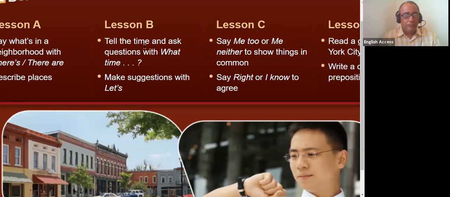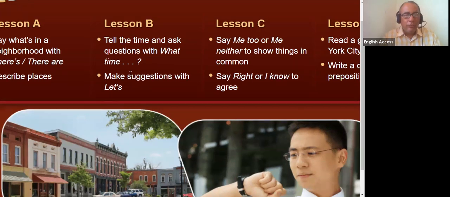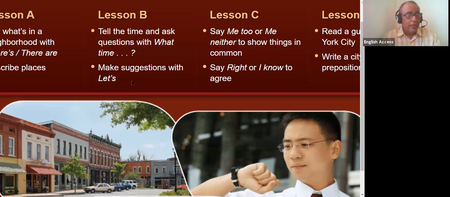In lesson B, we are going to learn how to tell the time and make questions about time. What time is it? What time is maybe an activity? And we are also going to learn how to make suggestions with this word, let's. It's a very useful word and it helps you to give ideas or in this case suggestions for activities.